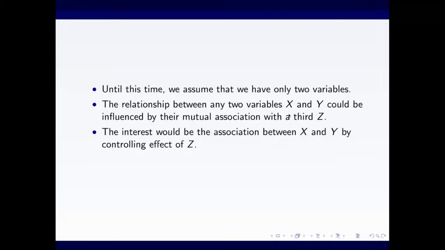We can think about there being a correlation between x and y, y and z, and x and z. But our main interest is the correlation between x and y. The one thing that we need to be careful about is that since z is also correlated with x and y, this variable z affects the correlation between x and y.